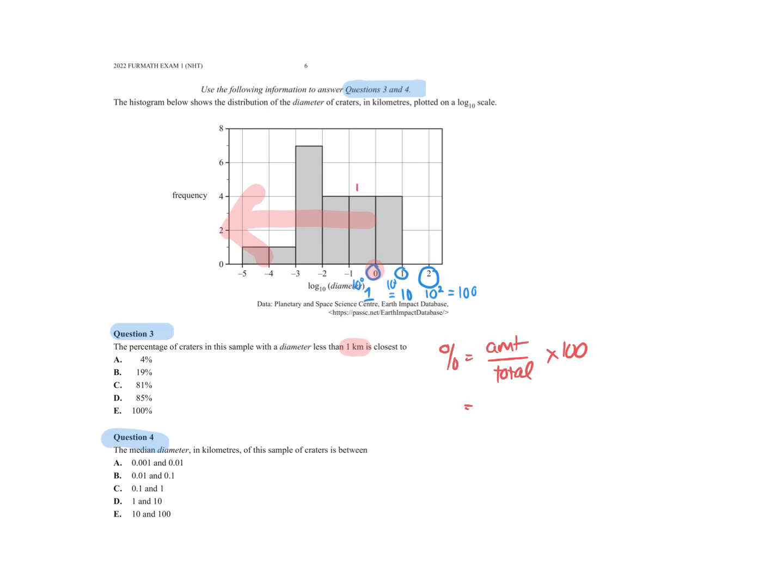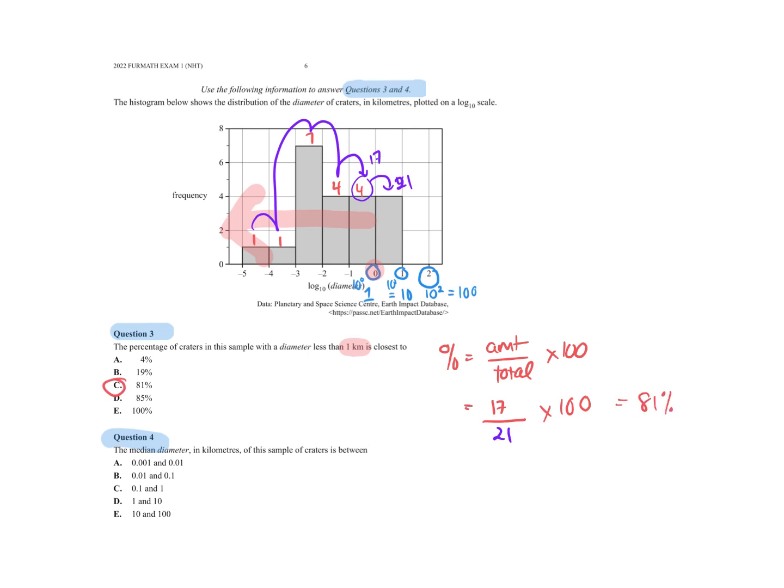If I added them up, I've got 4, 4, 7, so that's 15, 16, 17. Okay, so we've got 17. Now out of the total, if we were adding them along, we got up to 17, and then we add another 4, so there was 21 in total. Times by 100, and I believe it was 81%.